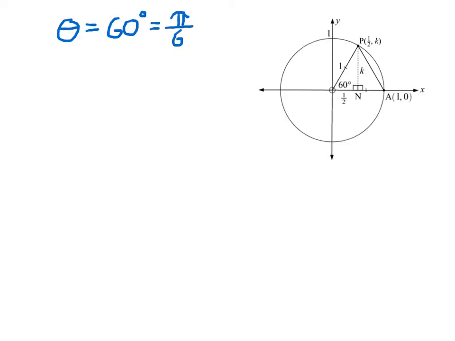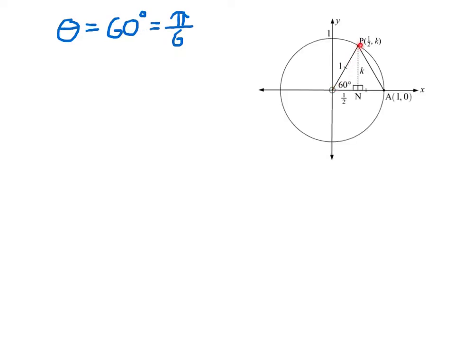Let's now consider theta to be equal to 30, which we know is. Let's now consider the angle 60 degrees, which we know is equal to pi over 6 radians. And let's take a look again at another blank unit circle.